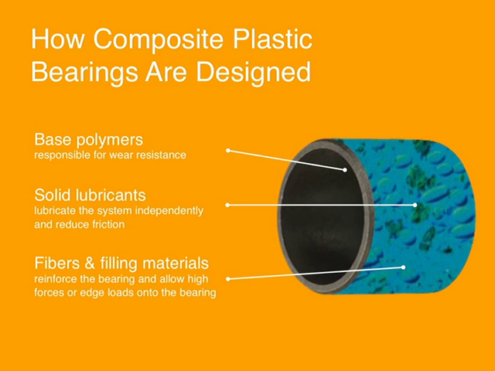There are other types, sometimes silicone-type lubricants, we add to the bearing materials, and those are responsible for reducing friction in the application. We also add strengthening fibers and reinforcement compounds into the base material, which not only help the load carrying capability, but they also help the wear resistance of the parts as well.